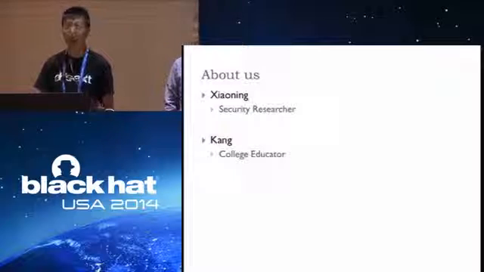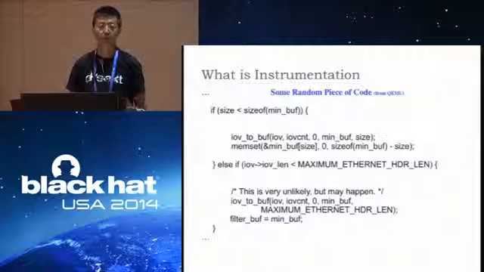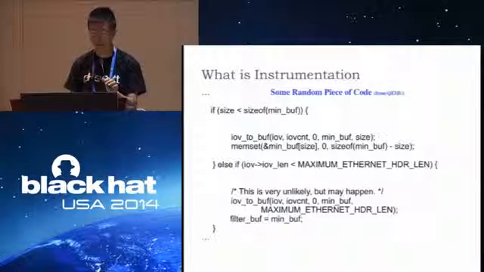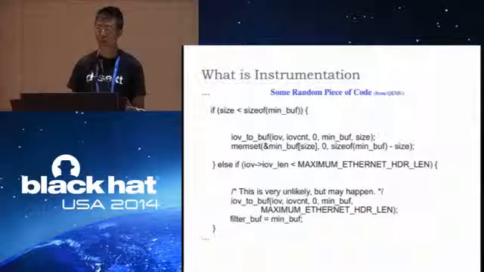Now, to start, I will give you a really brief introduction to binary instrumentation. First, instrumentation. I show you a random piece of code. You don't need to read every detail. The core part is that there are two branches, and what I want to know is which branch it takes when I run it with some input.